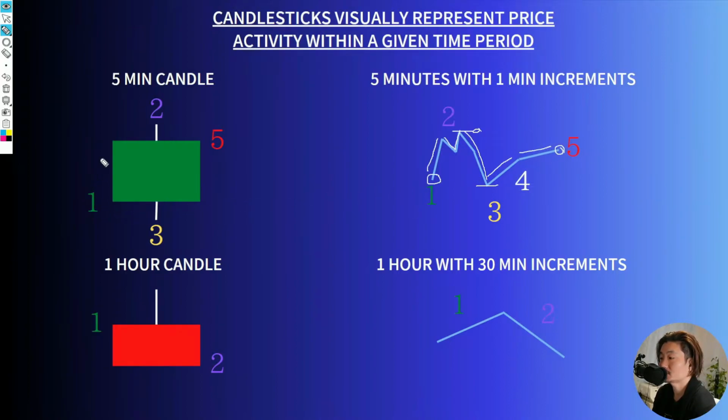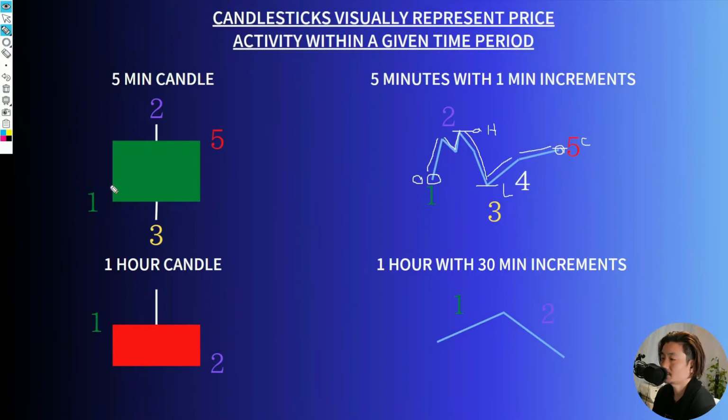What a candle can tell us simply by looking at it is the price level that price opened at in the beginning of those 5 minutes. It could also tell us the highest point that price reached within that 5 minutes, as well as the lowest point right here. And finally, it could tell us the price level that price closed at in the last minute of those 5 minutes, which is right here.